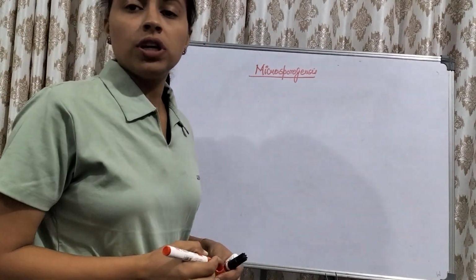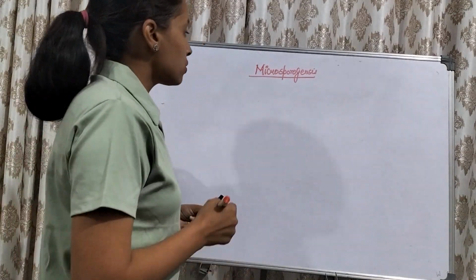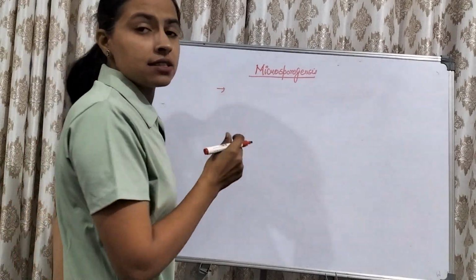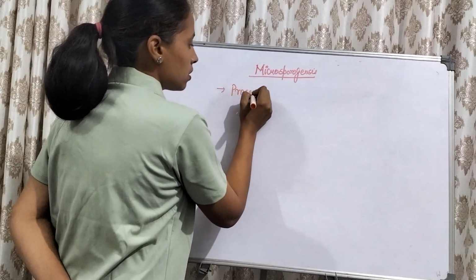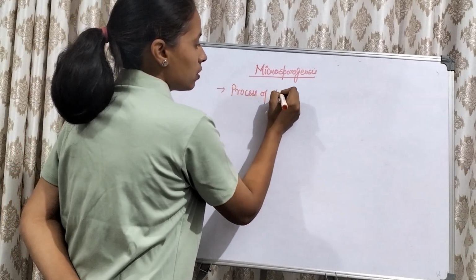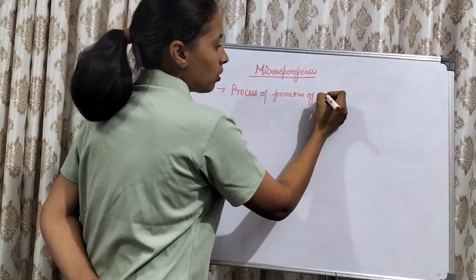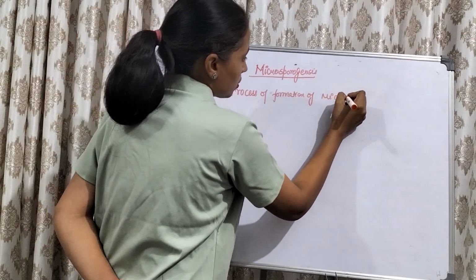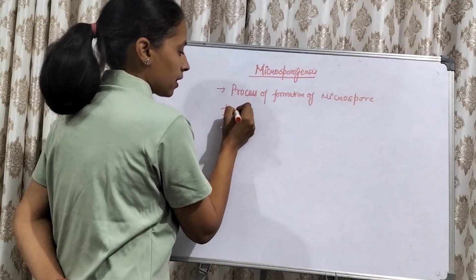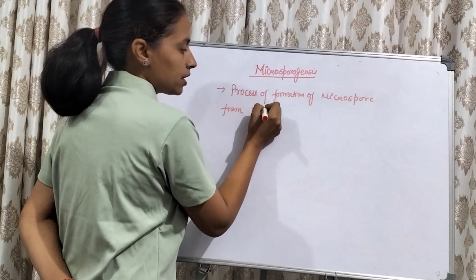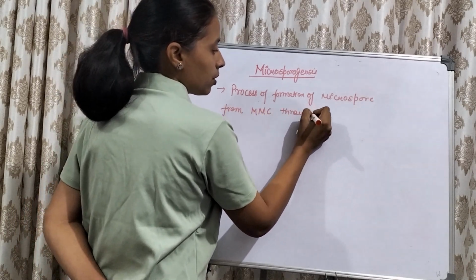So firstly, we define the term microsporogenesis. Simply, microsporogenesis is a process of formation of microspore from microspore mother cell through meiosis.